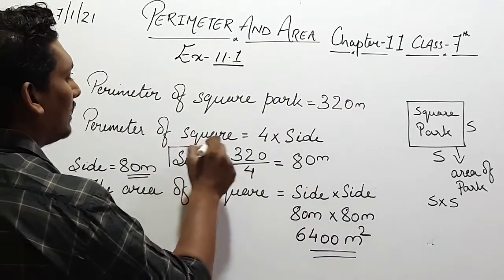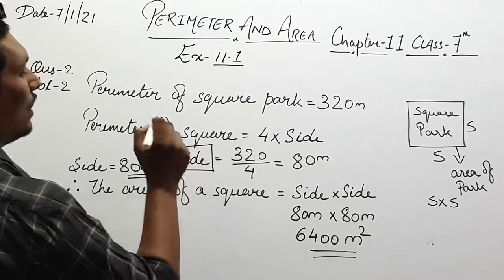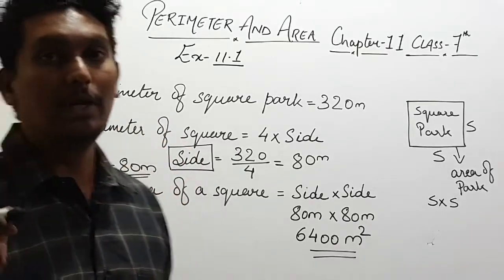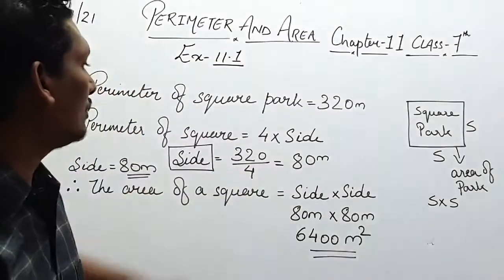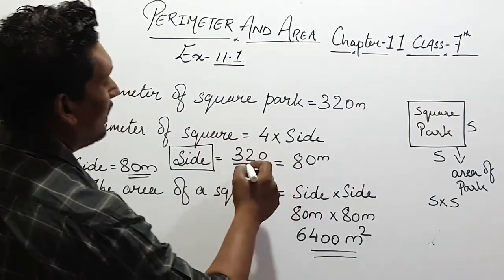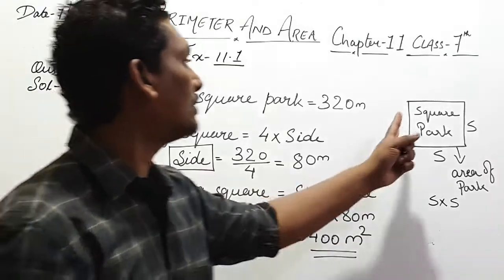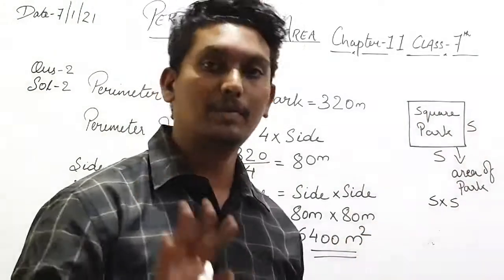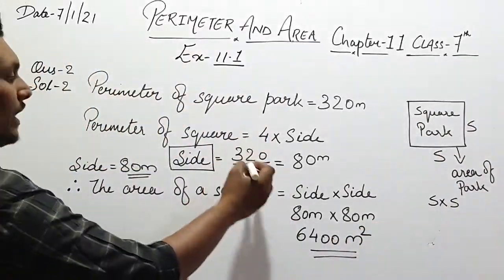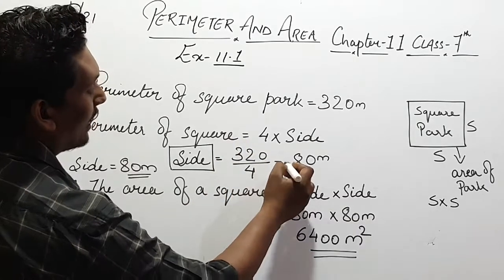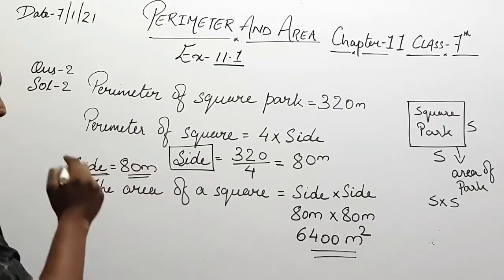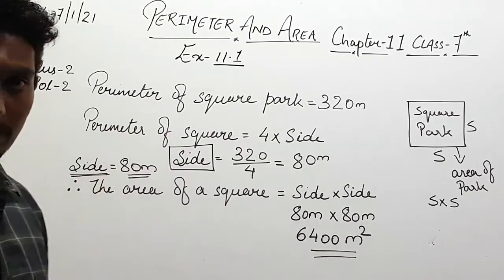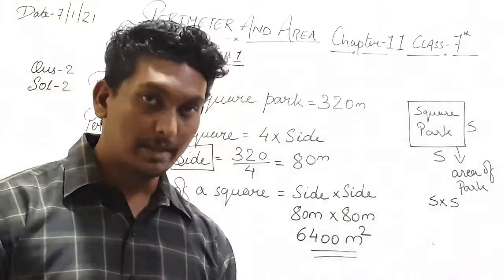We have to find the value of one side. For finding the value of 1, we have to do the division, right? So here also 320 divided by 4. Why 4? Because 1, 2, 3, 4, a square has 4 sides. That's why we are dividing this 320 by 4. So we get 80. So the value of one side is 80 meter, right?